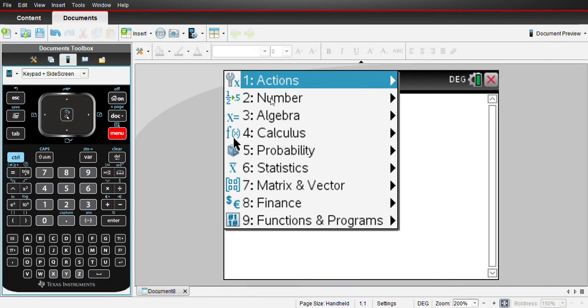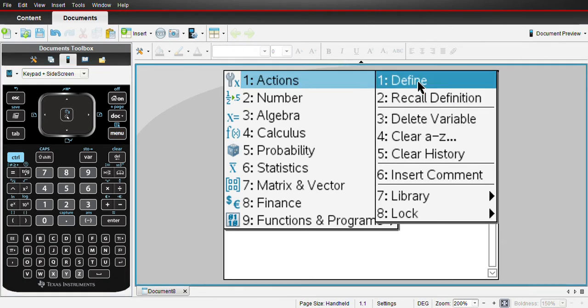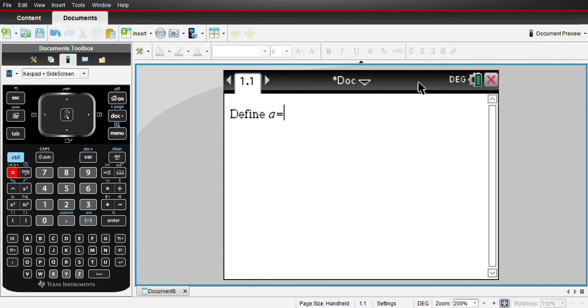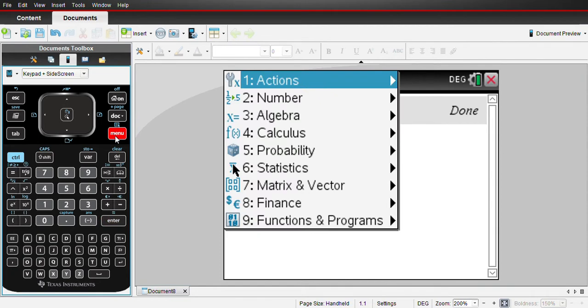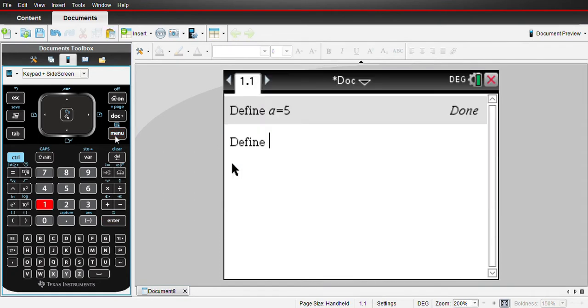So if I go menu 1 1 define, if I write a equals 5 and then I press enter, and the equals button is just over here, and then I say that again, menu 1 1 b equals 7, press enter. Now if I press a multiplied by b and press enter, there we have it, 35.